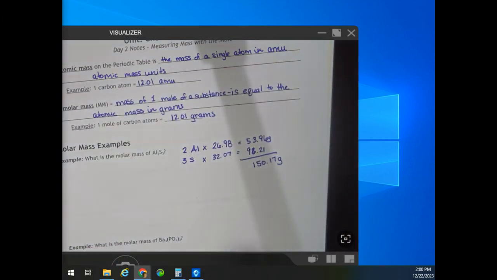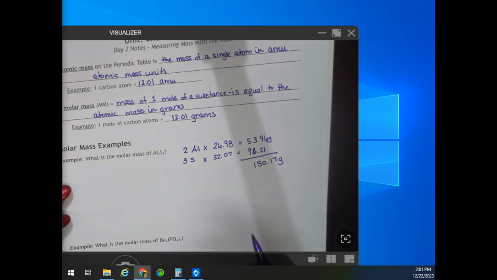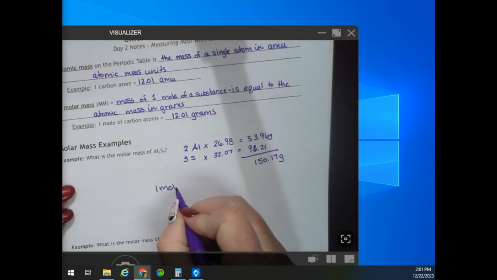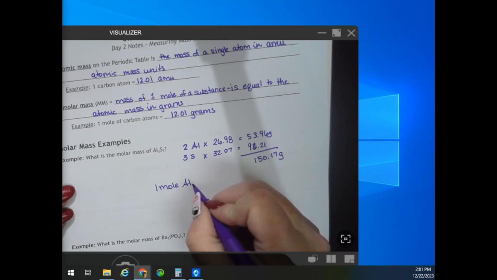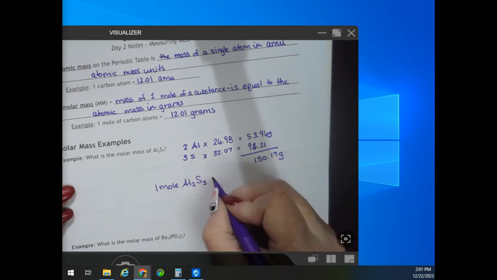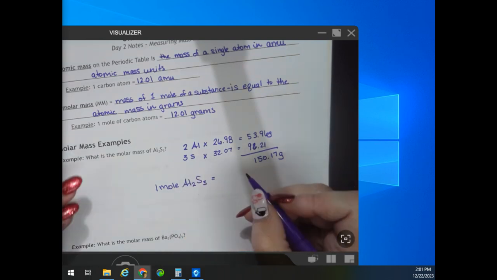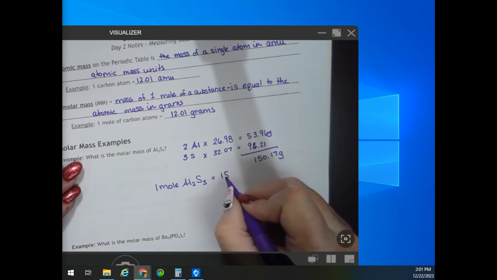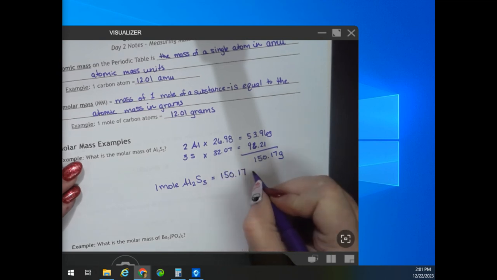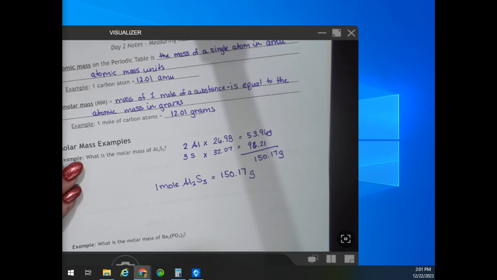Now, what that means, and that gives us a conversion, is that we're using this molar mass to come up with a conversion. 1 mole of aluminum sulfide has a mass equal to 150.17 grams. So we just established ourselves another conversion factor.